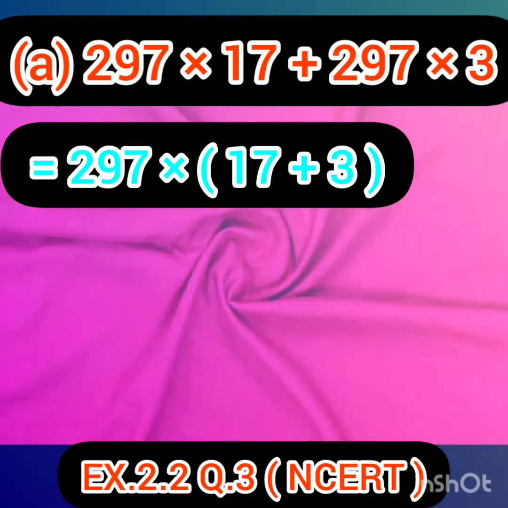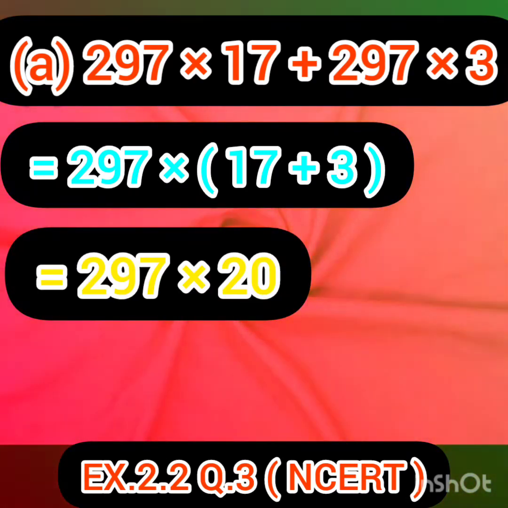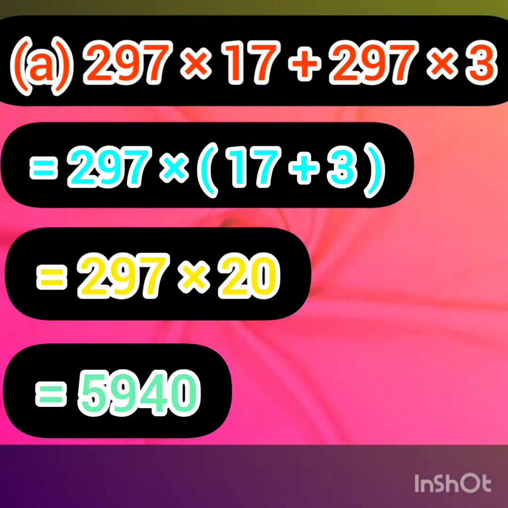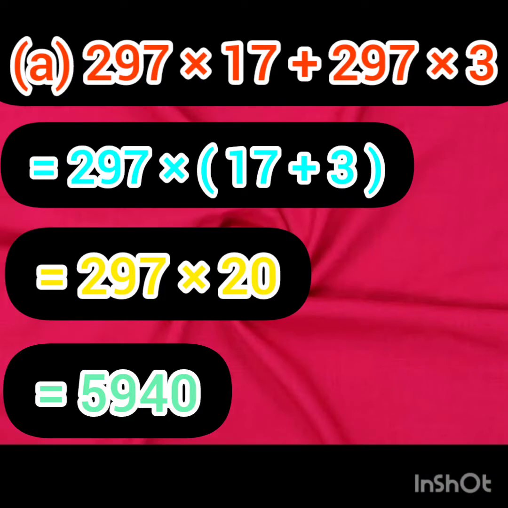Now, let's take out 297 common from both of the terms. Now, the sum of 17 plus 3 is equal to 20. Now, the product of 297 with 20 is 5940.